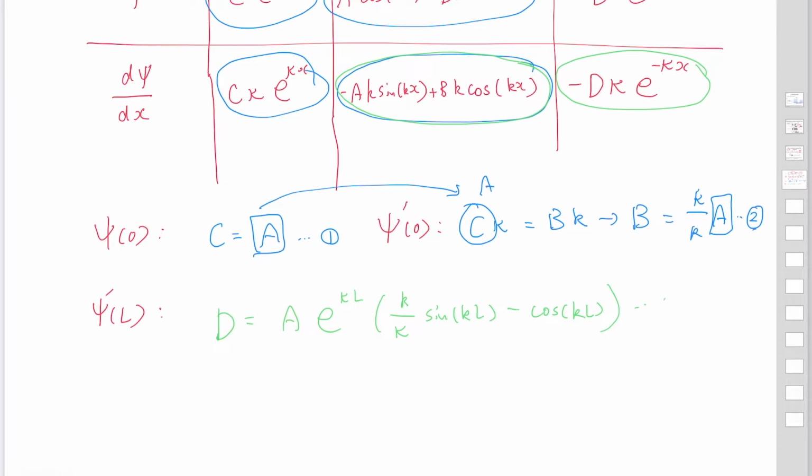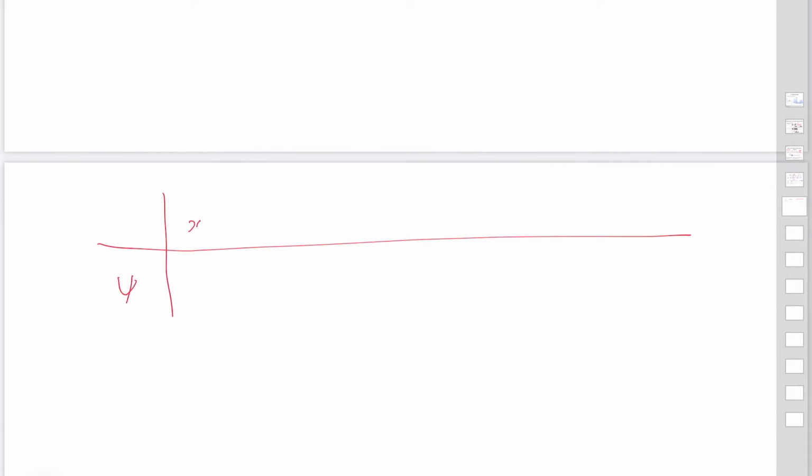So this is equation 3. So you can express c, b, d with a. Then you can substitute these equations back into the original equation. Then we can express the wave functions: for x less than 0, a exponential kappa x, and for 0 to L.